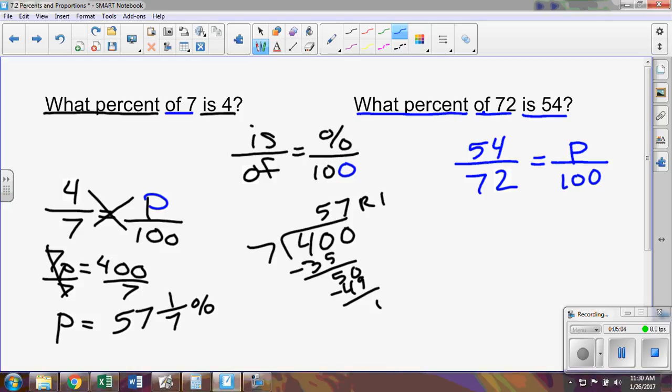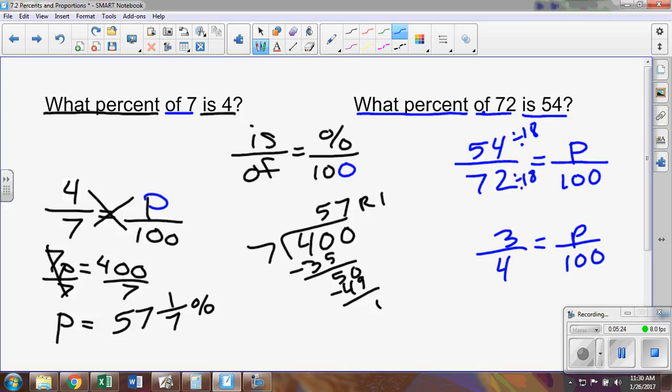Being big nerds here, one of the things that I'm noticing, I could actually simplify my ratio on the left by dividing by 18. I recognize that's 3/4, and that's much simpler to solve.